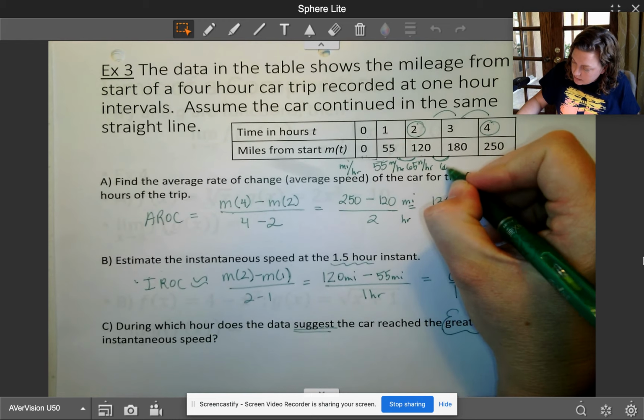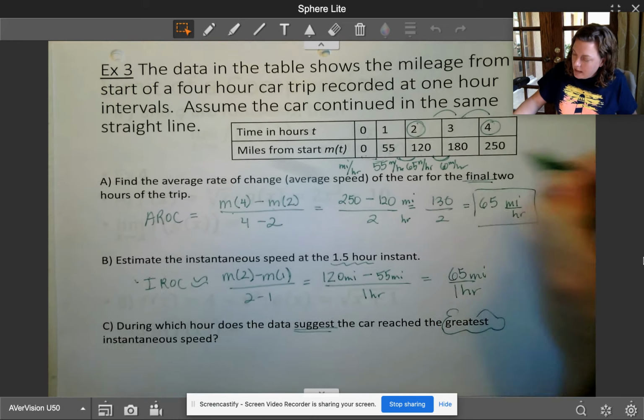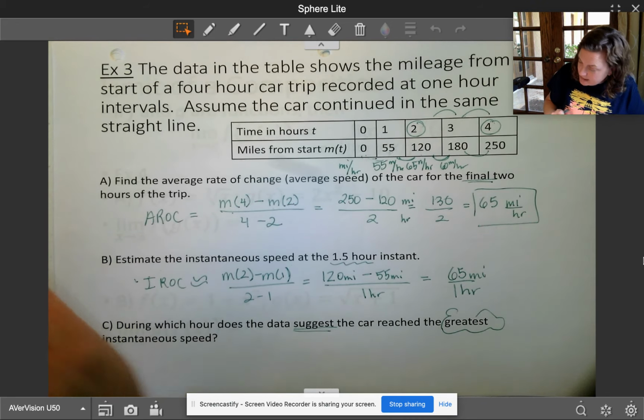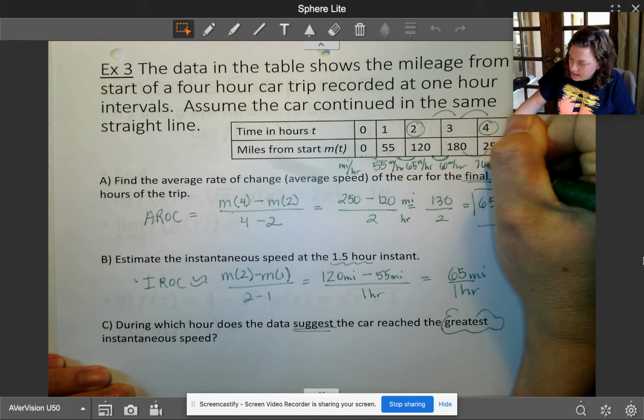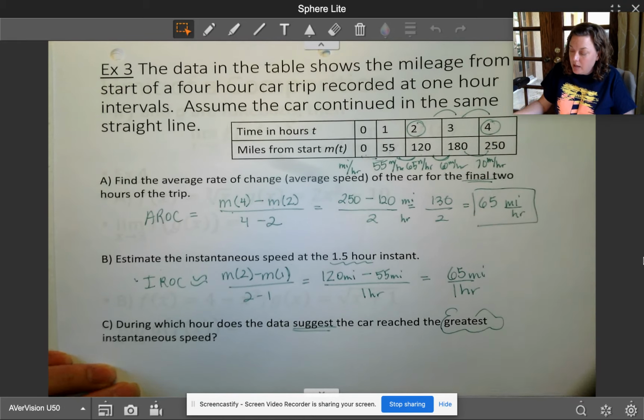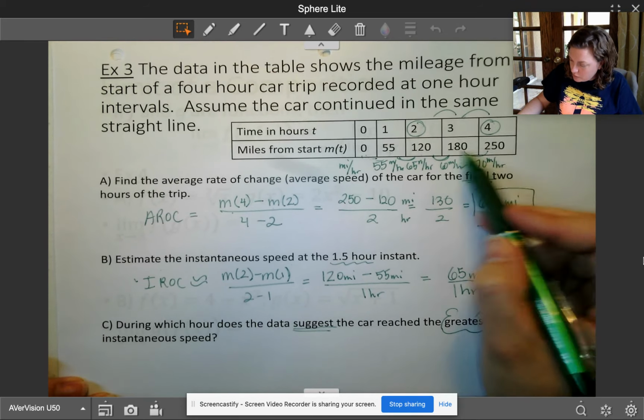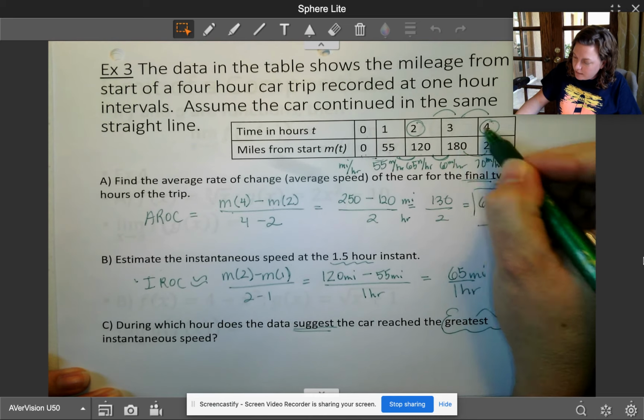So that's 60 miles per hour. And then here, 250 minus 180. That's 70 in 1 hour. So that's 70 miles per hour. I'm just roughly calculating that speed, the average rate of change every hour.